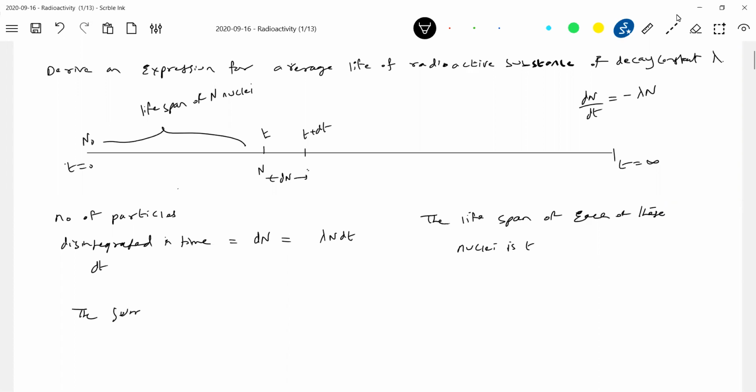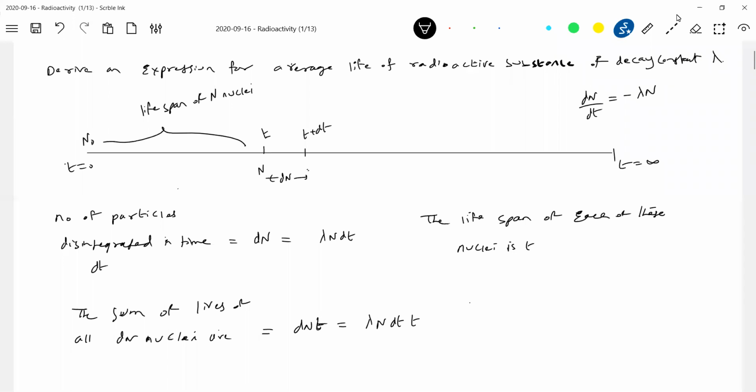Just splitting up the meaning of the terms, the sum of lives of all dN nuclei is dN into t. What is dN? Lambda N dt into t.